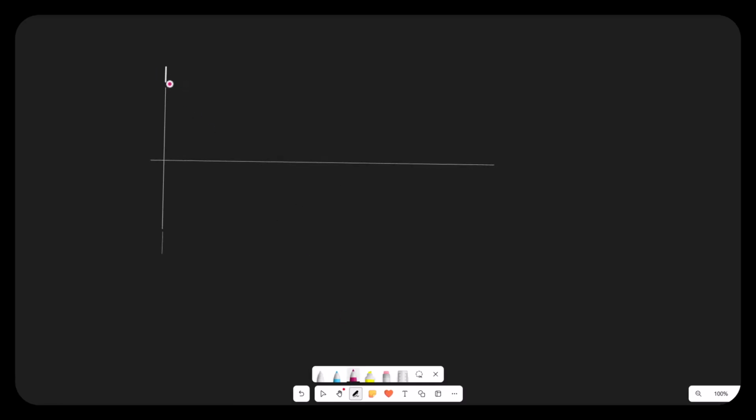I said I had one wave that was going out this way and another wave that was going out this way, and I had a line down the middle of those.